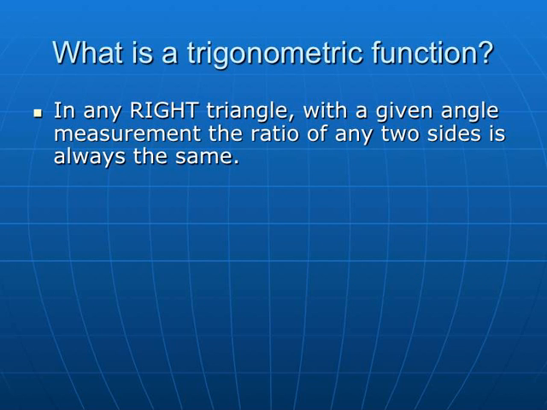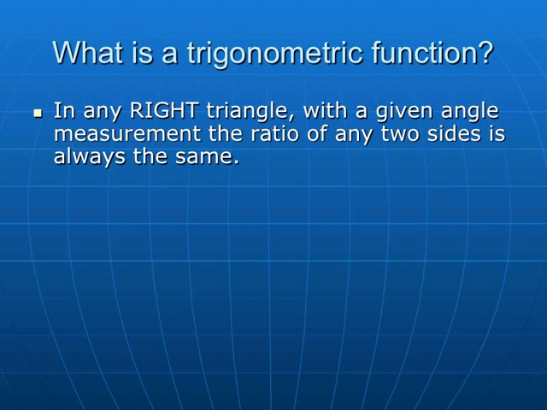So what is a trig function? In every right triangle, if I have any right triangle that has the same interior angles, we call that a what triangle? Same interior angles.